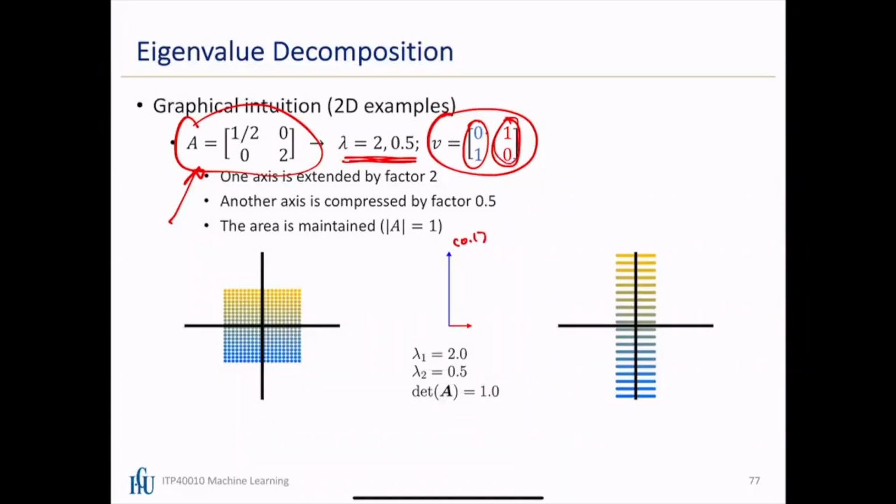The second one is (1, 0), heading towards the x-axis. And we have the magnitudes: one is 2, the other is half, 0.5. This is the essential information that matrix A carries. Using eigenvalue decomposition, we can find it.